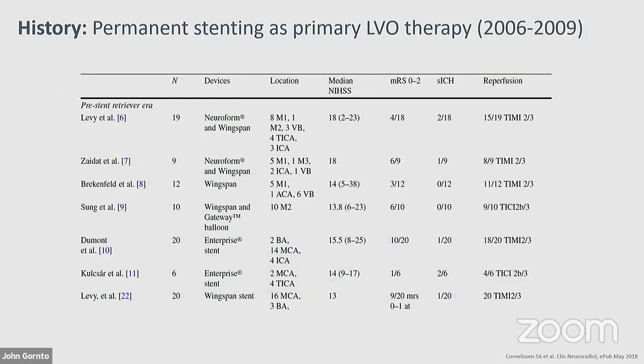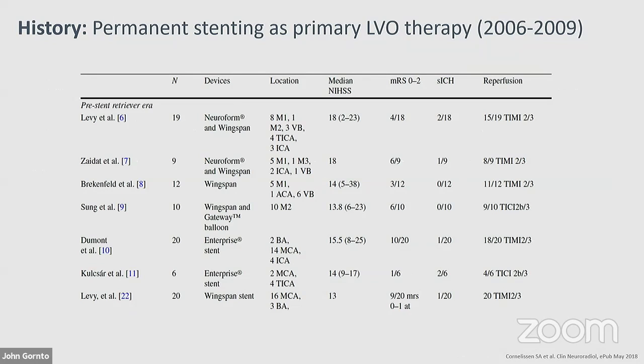Just as a last point, the last subject is permanent stenting. There has been a period in the development of thrombectomy in 2006 to 2009 where people published some small case series where an intracranial stent was deployed, like a Wingspan or an Enterprise stent, and the results were in the region of thrombectomy, but small centers, small series, some of them retrospective.